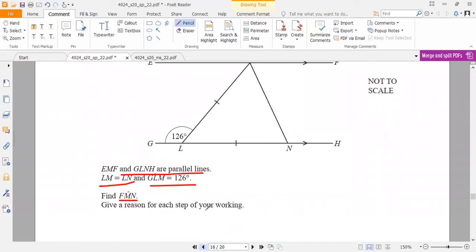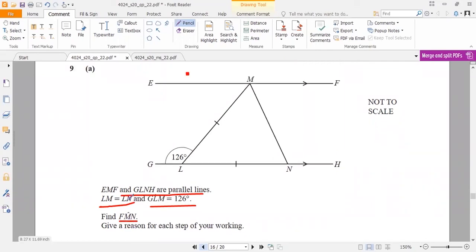So firstly, if I need to find out the angle FMN, we need to find out this angle. Let us suppose this angle as X. So firstly, if I do the rough working, I know that I can find out this angle by 180 minus 126.